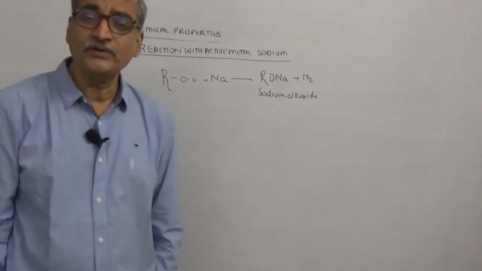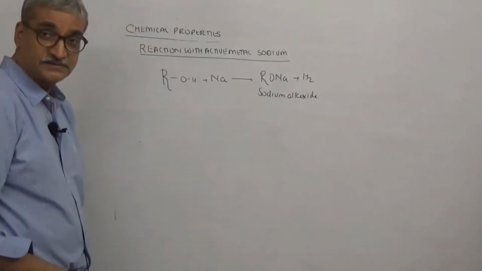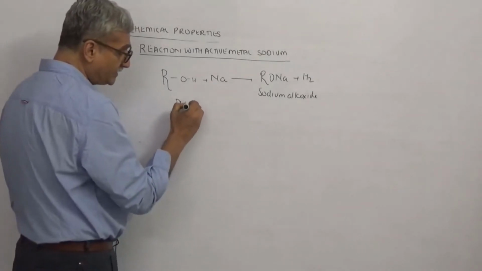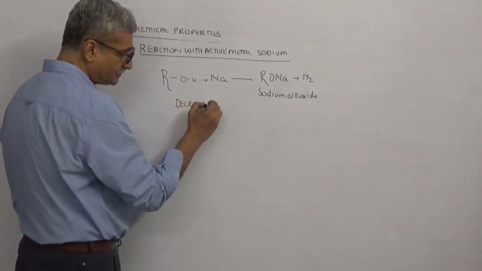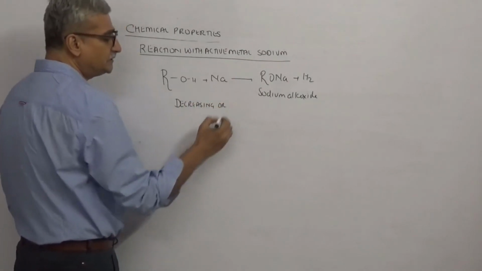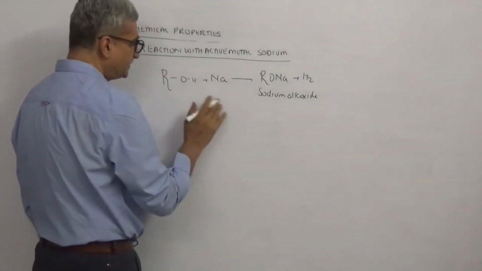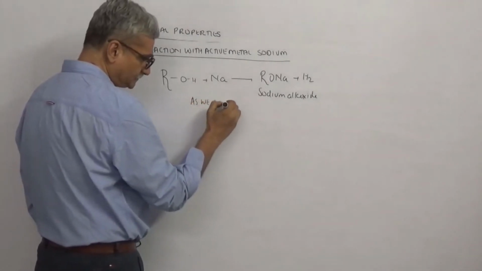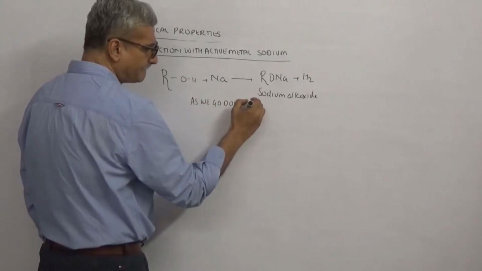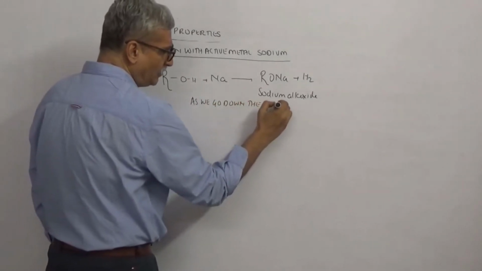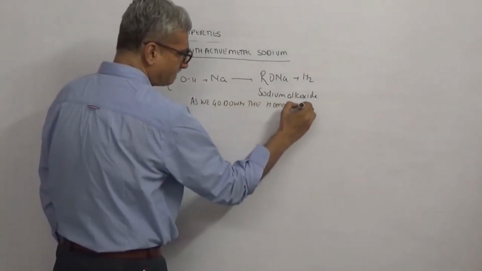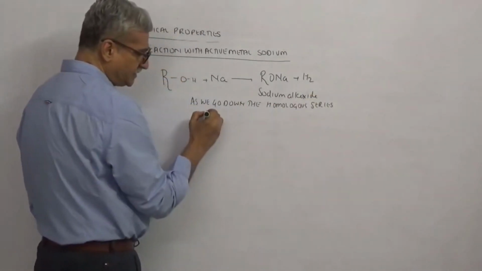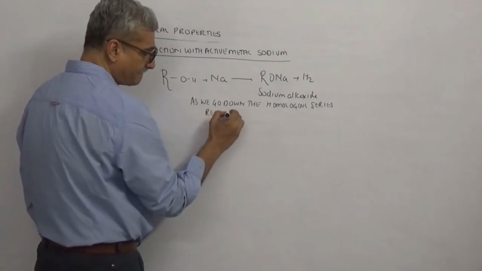But what kind of question can be asked in this? Decreasing order of reactivity. As we go down the homologous series, reactivity decreases.